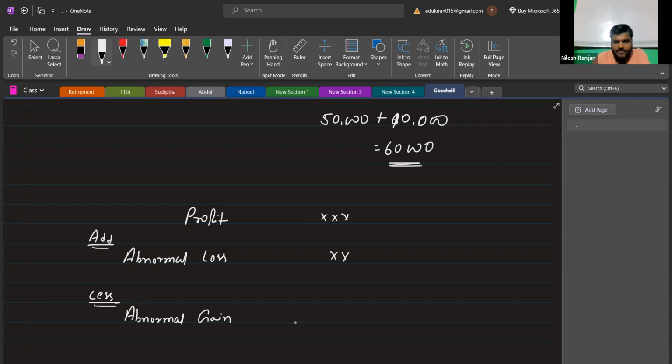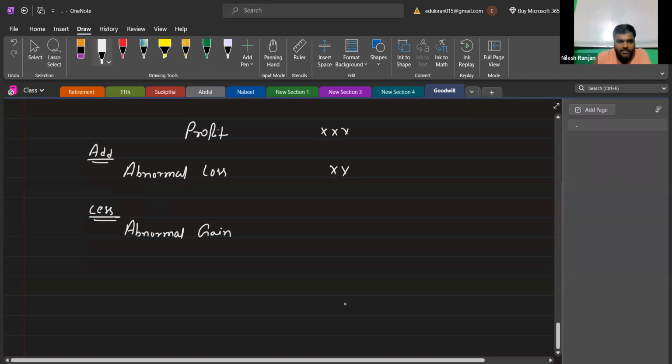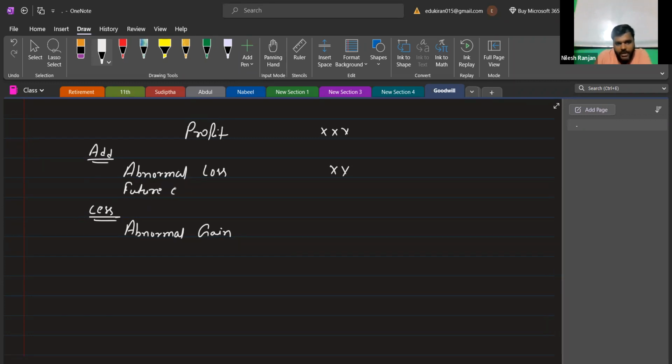Okay, and after that we add future expected income, and if there are future expected expenses, then we deduct them.